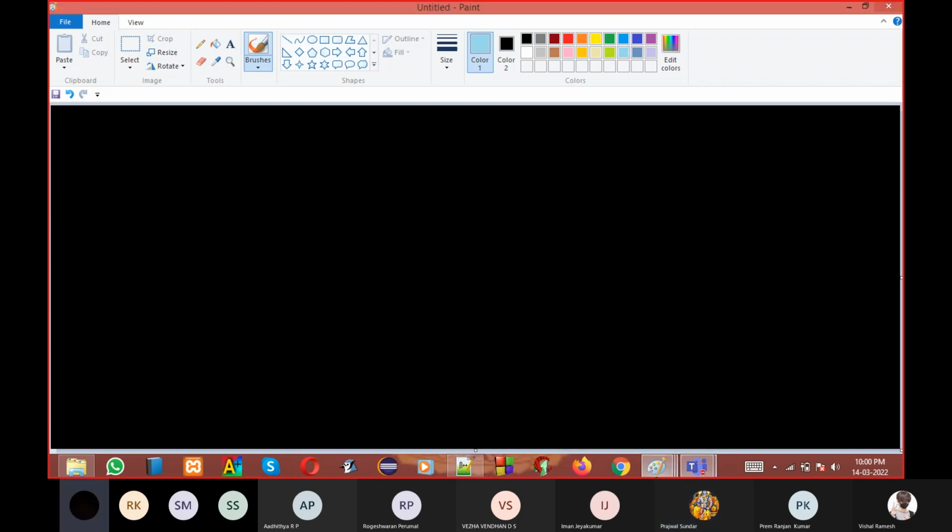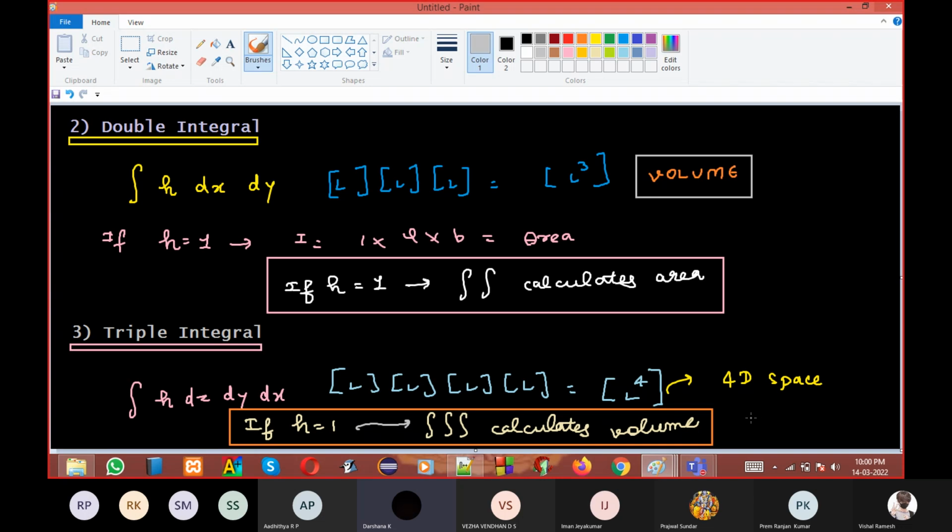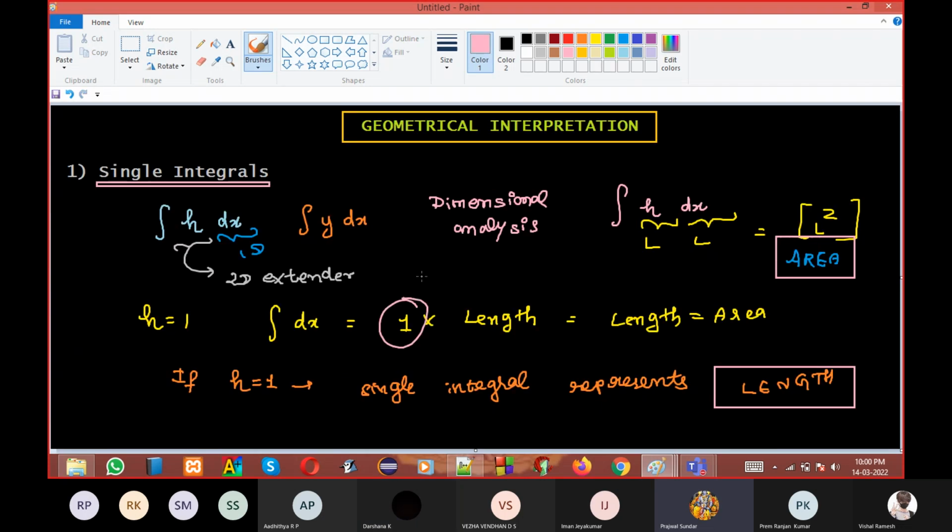If h equals another constant, it will be the same thing, right? No, it should not be. More like h is independent of x and y, right? No, it's not like that. See, suppose I'm putting h as a constant, then the integral will be constant into length. Constant into length is area. Length is not equal to area. How come? Suppose integral 2 dx, it will be 2x.